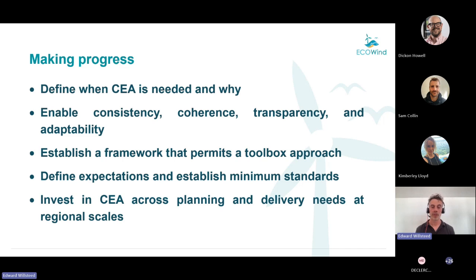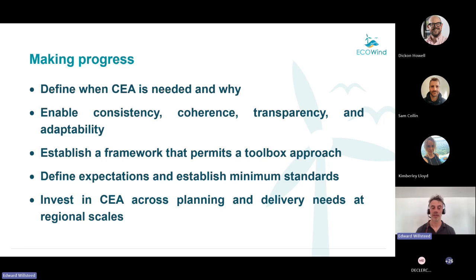And that framework is critical. We need to have that framework to agree guiding principles, effectively to set out the conditions for consistency, and within that framework to permit a toolbox approach that allows us to use different approaches best suited to specific questions.